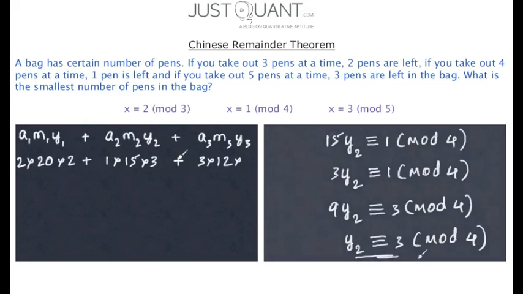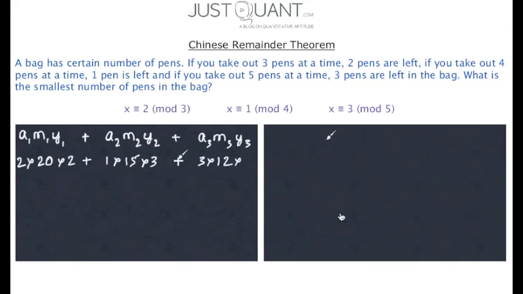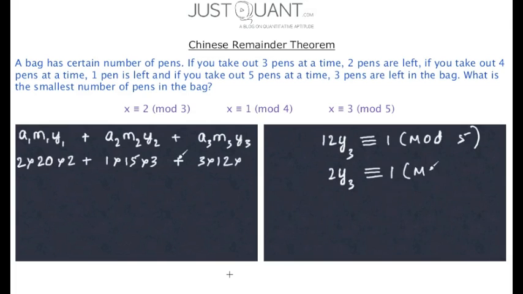Let's now calculate y3, which is obtained by calculating the congruence 12 times y3 is congruent to 1 mod 5. Now 12 when divided by 5 gives us a remainder 2, hence we have 2 times y3 is congruent to 1 mod 5. Now 6 gives us a remainder 1 when divided by 5, and since 2 times 3 is 6, multiplying both LHS and RHS by 3, 6 times y3 is congruent to 3 mod 5.